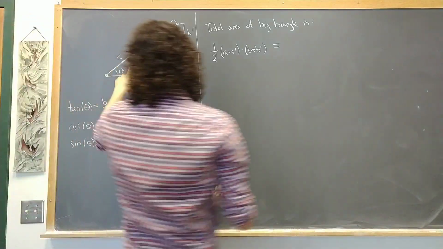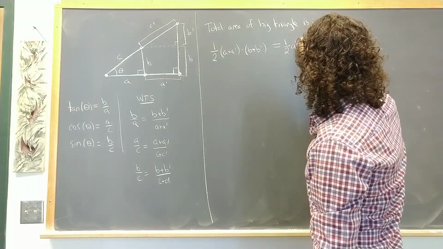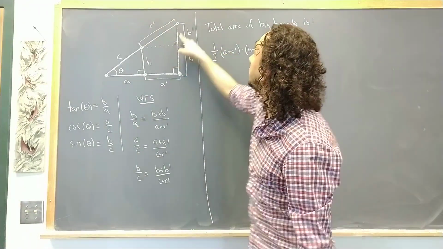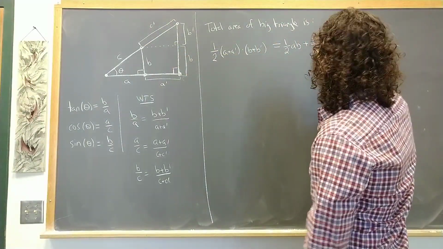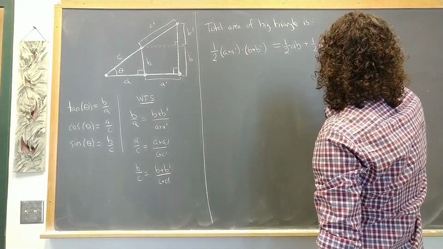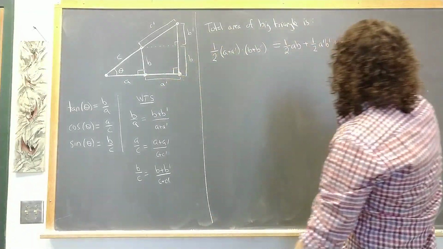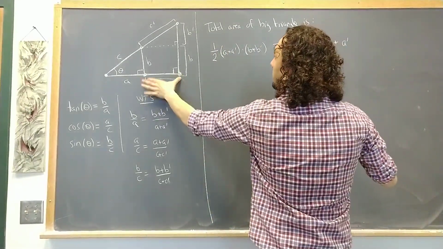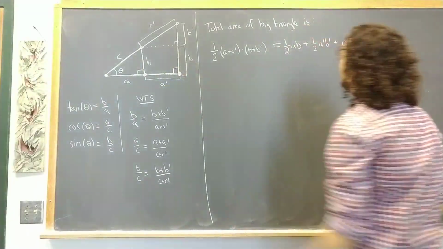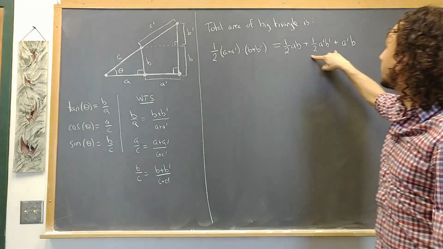This triangle has area 1/2 AB. This triangle has area 1/2 A prime B prime. And this rectangle has area A prime B. So I've just written the area of the big triangle in two different ways.